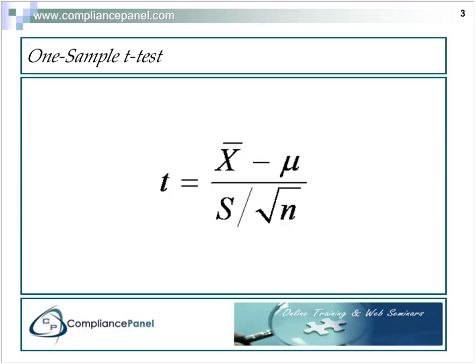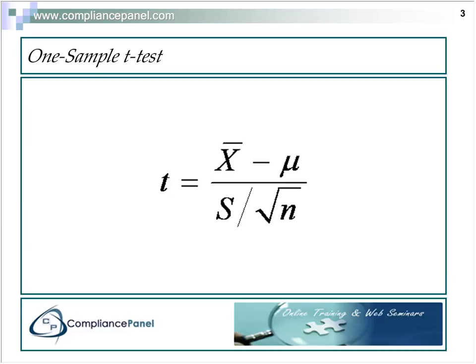Okay, so understand, typically when we think about the analysis of statistical data, typically we work in the world of what is called the one sample t-test. And that is, we've collected some data, and we want to know if this data set that we've collected is statistically different than some hypothesized mean, and that's that letter mu, the Greek letter mu.